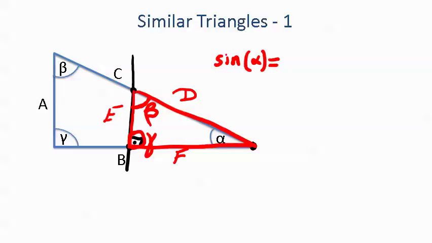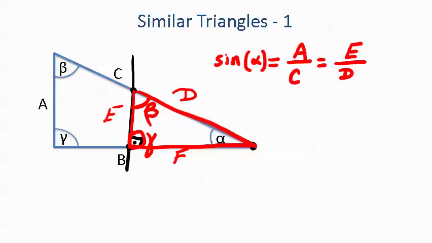The sine of angle alpha will be equal to the opposite side for the original triangle divided by the hypotenuse, and for the new triangle will be equal to the opposite side divided by the hypotenuse.